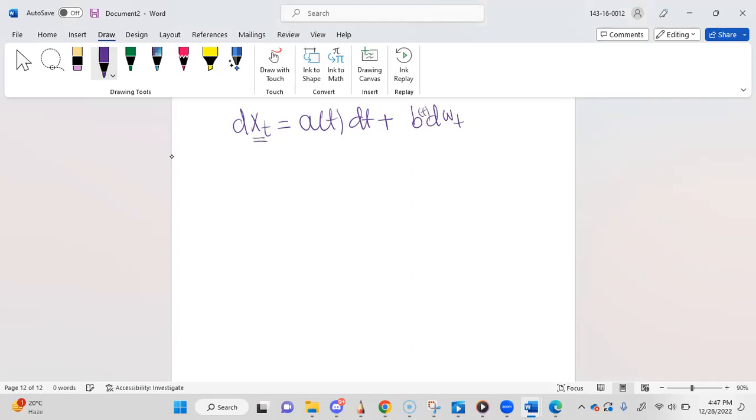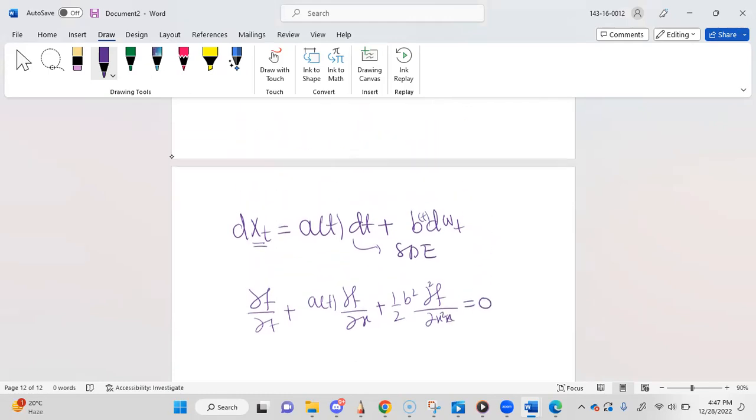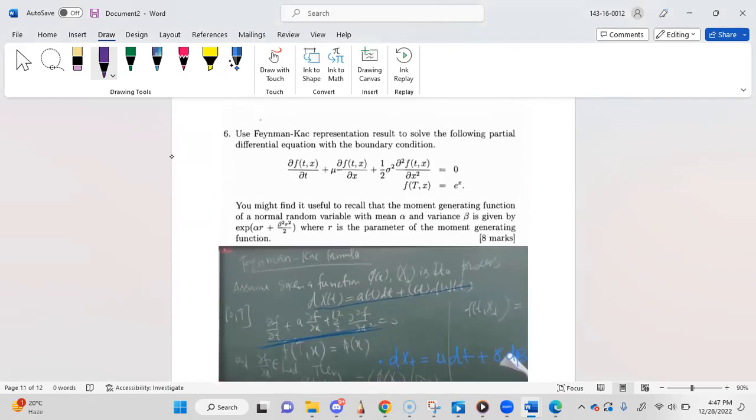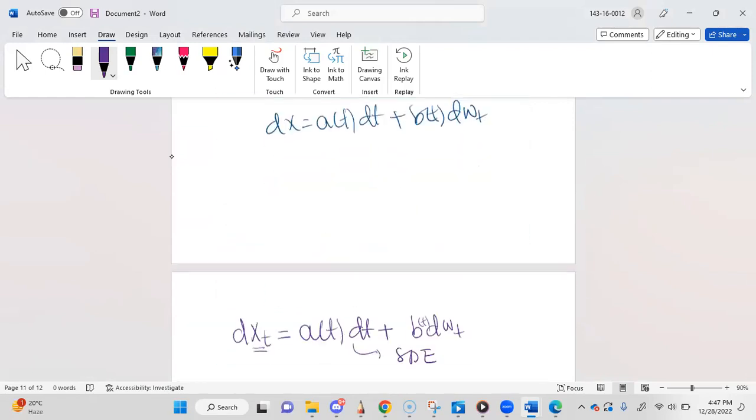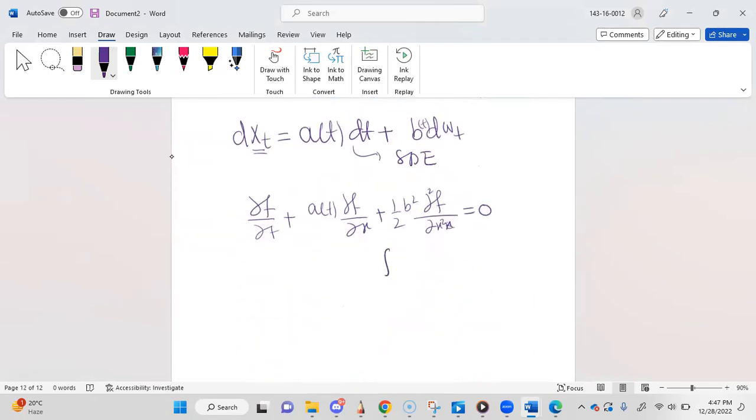Suppose this x(t) is satisfying this SDE, and we are interested in solving this PDE: partial f by partial t plus a(t) partial f by partial x plus 1/2 b squared partial squared f by partial x squared equal to maybe some constant, or sometimes 0, subject to some initial data, and for our case it was f(t, x) equal to e^x.